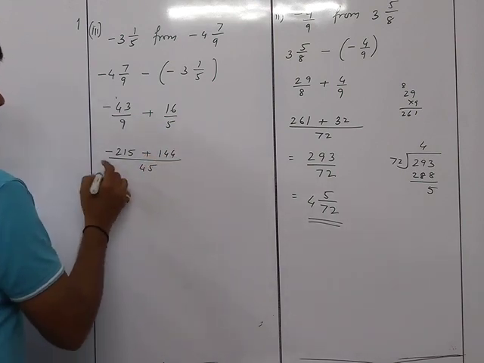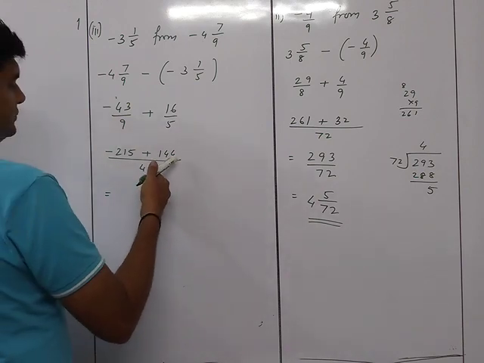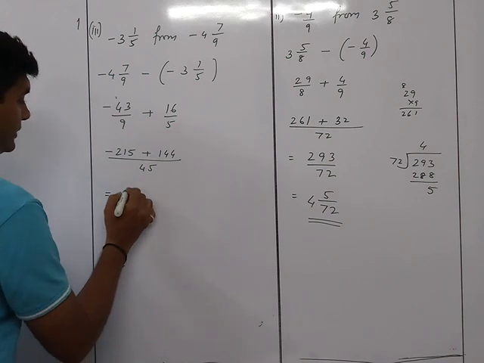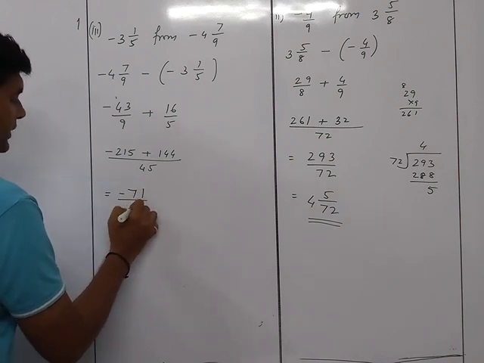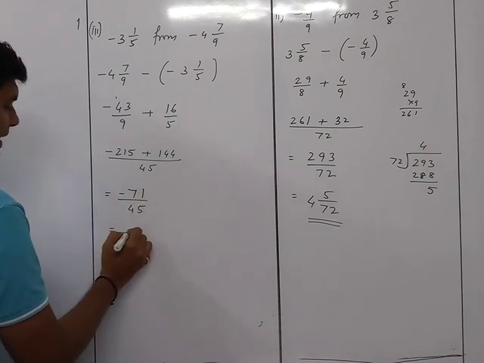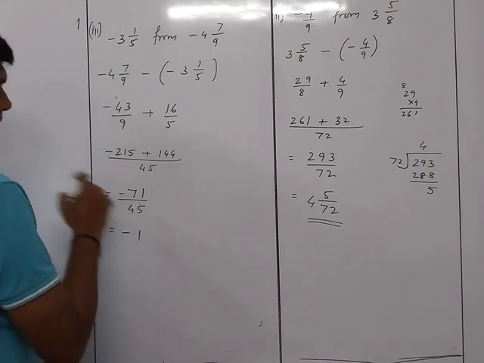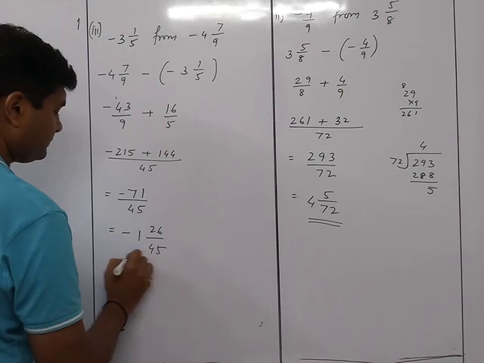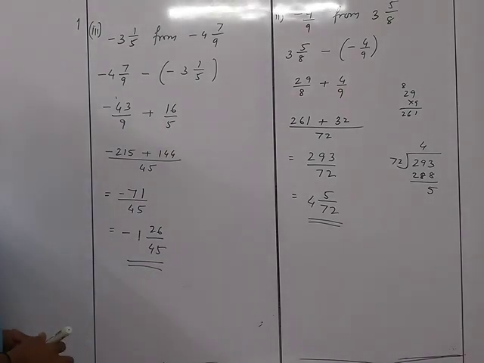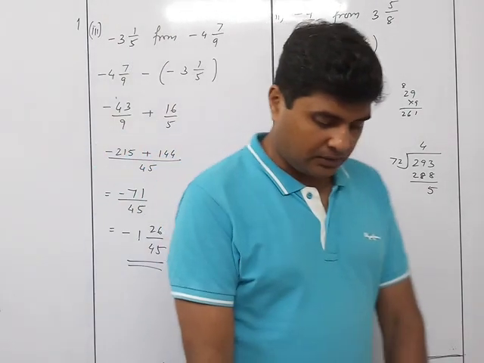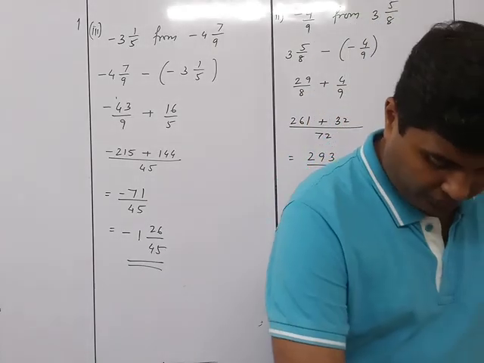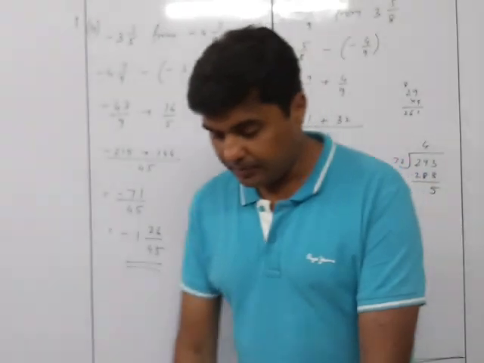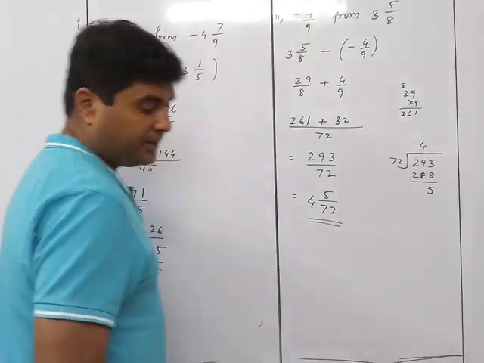So that will give me the answer as 71 upon 45, which is nothing but minus 1, and then it will be 26 upon 45. So that was the first question of exercise 1.2. Now we come to question number 2, then 3, 4 and 5.